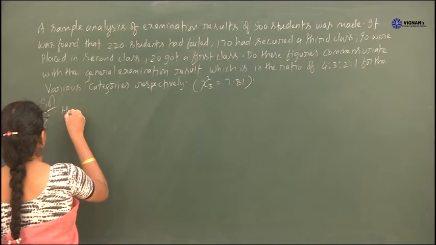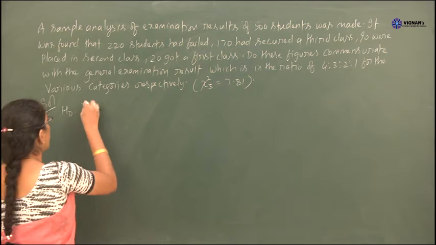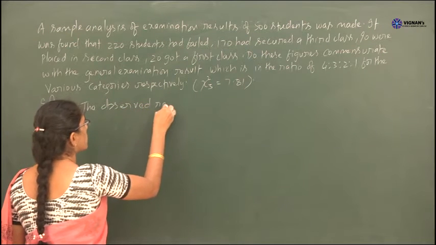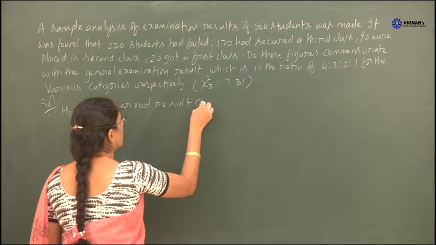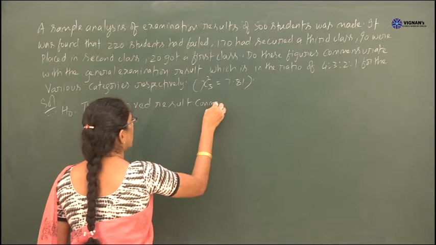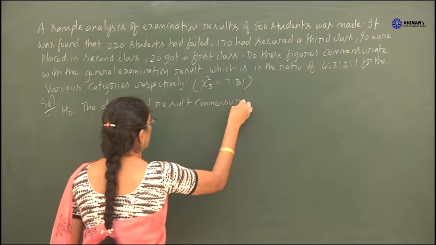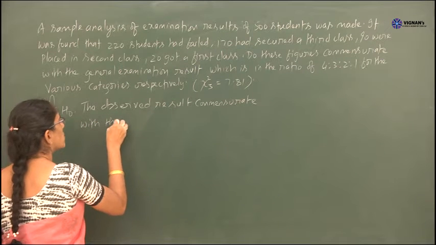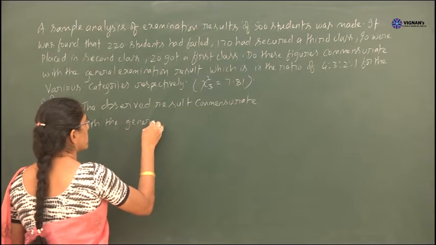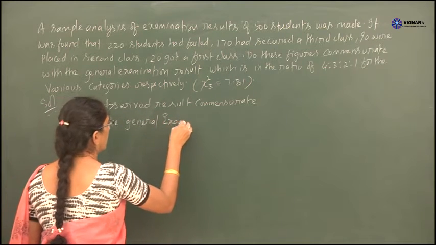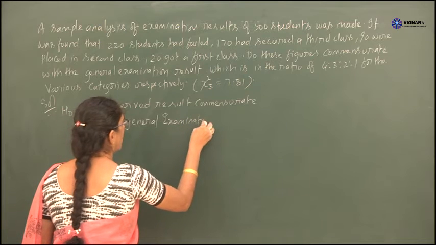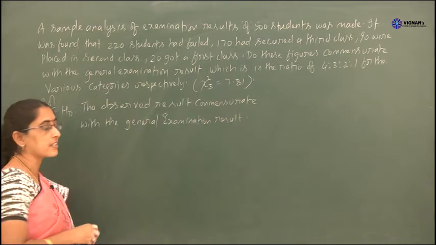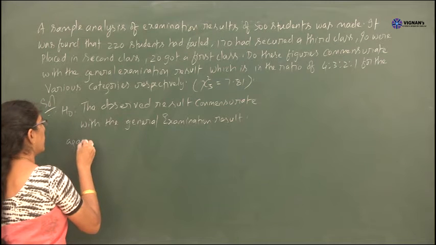So first frame the hypothesis. The null hypothesis is here the observed result commensurate with the general examination result, against the alternative hypothesis, which will be two-tailed only.